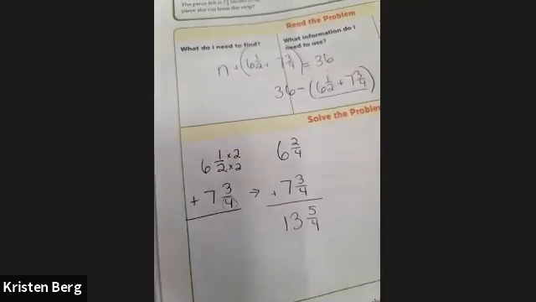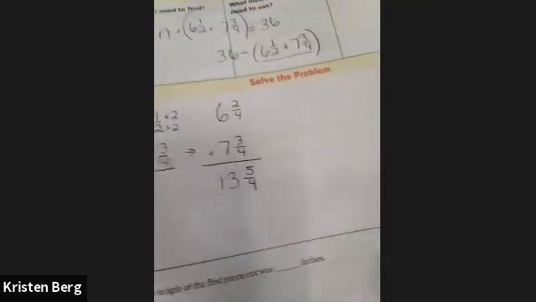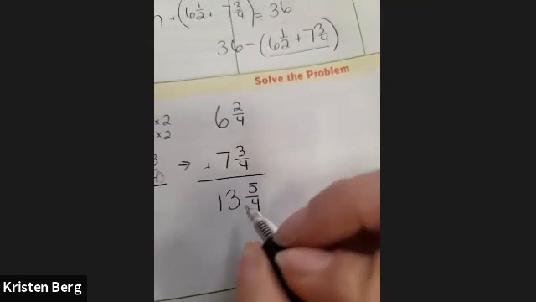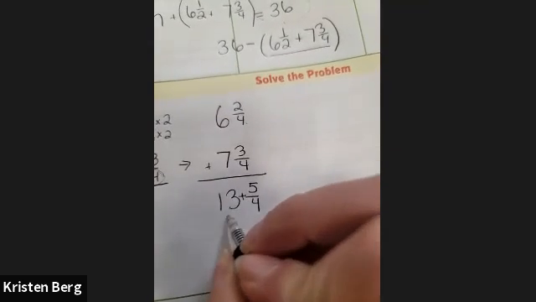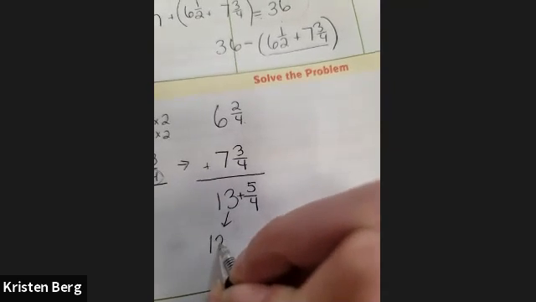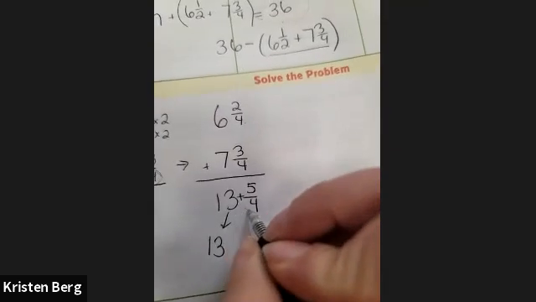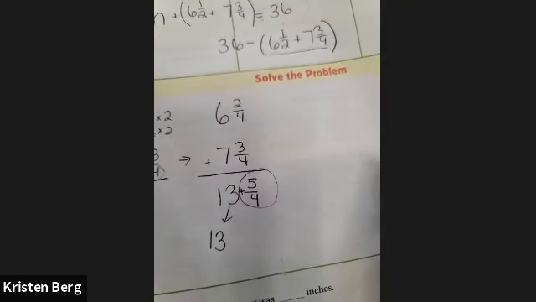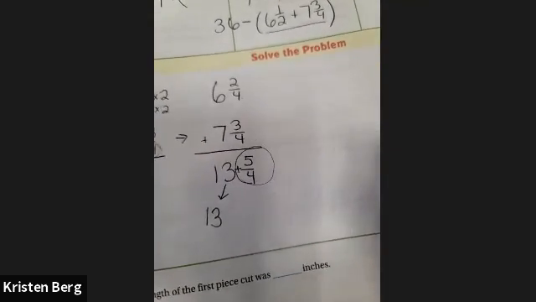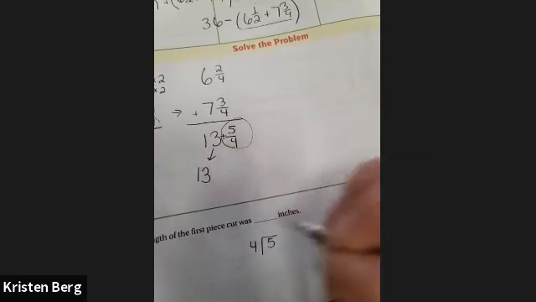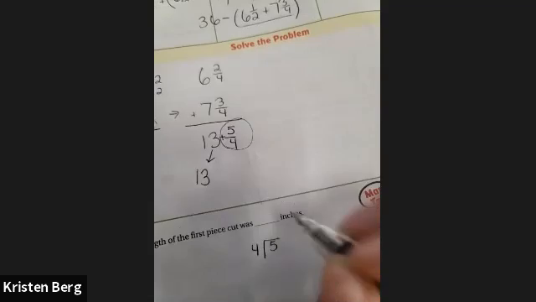13. Okay, but can we have this? No, we cannot. So what we need to do is separate these out. This is 13 wholes. There's nothing wrong with the 13 wholes. The only thing that is wrong is that there's an improper fraction within it. So we have to figure out what that improper fraction truly is. How many 4s go into 5?